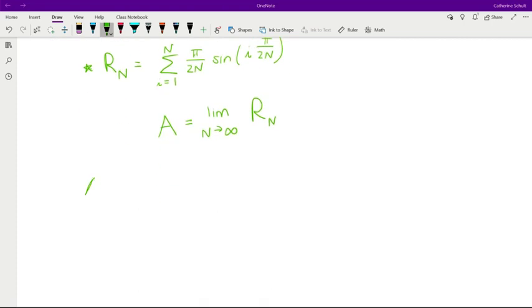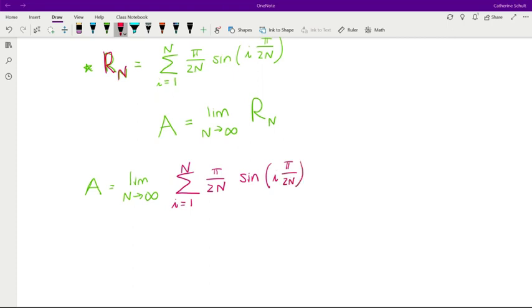So that means S is equal to the limit as n goes to infinity of Rn, and Rn is that definition. So it's the limit of a sum, which is new. The limit of a sum. Okay, so that's how we can estimate the area under the curve of our sine function.